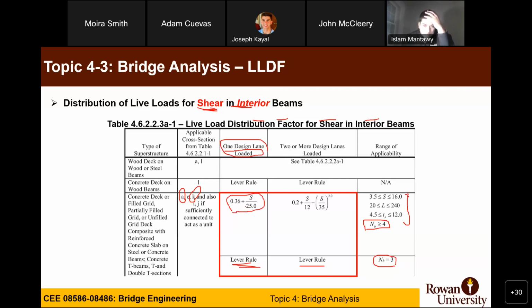It is 0.36 plus spacing over 25. And for 2 or more lanes, use 0.2 plus spacing over 12 minus S over 35 squared. And this will give you the shear on the interior beams. Okay. I think everything is going to add up once we do the practice problem, but pay attention with me, please.